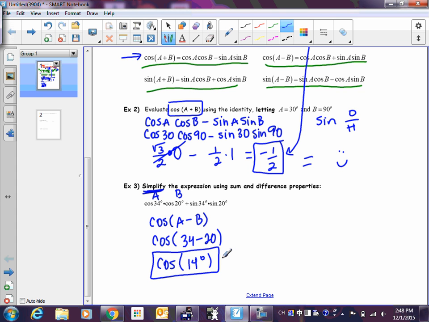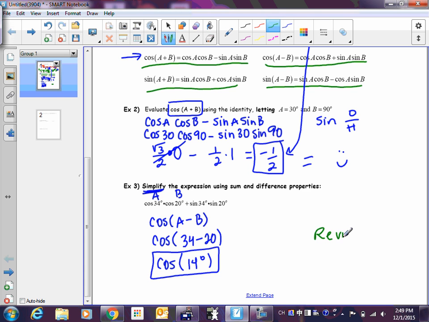14 is not a special right. It's not 30 and 60 and 45. In order to really evaluate what cosine of 14 was, I would need to use a calculator. Just for fun, for review of yesterday, because this is everybody's idea of fun.